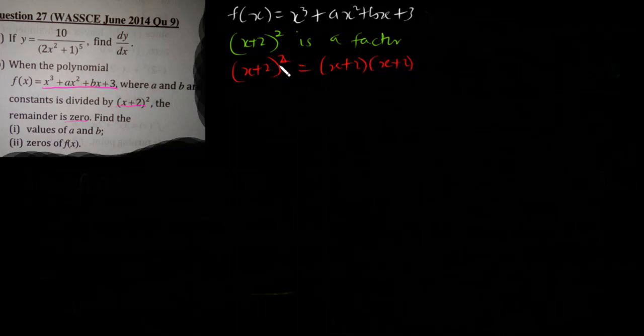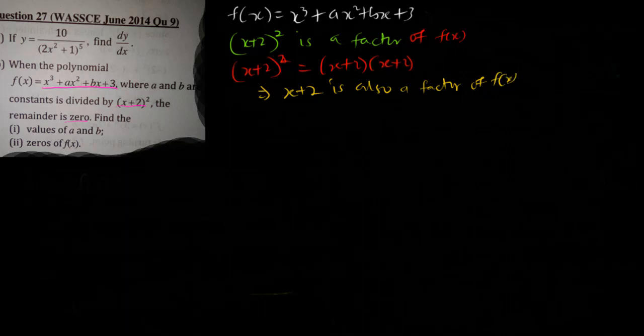And if x plus 2 to the power 2 is a factor of f of x, then that means the linear factor x plus 2 is also a factor. So this implies that x plus 2 is also a factor of f of x.